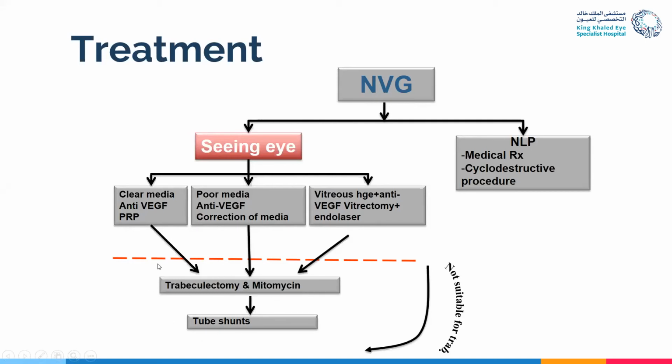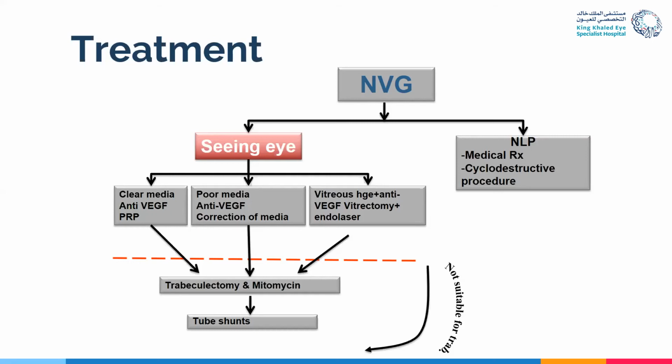And what decides which way I should go is the status of the eye. Is there an extra risk for failure of the filtration surgery, for example, pseudophakia, although it's not a big risk, or a vitrectomized eye, where the conjunctiva has been violated?